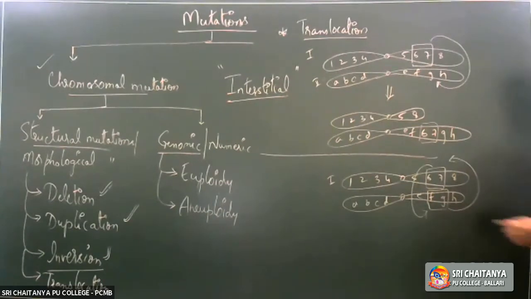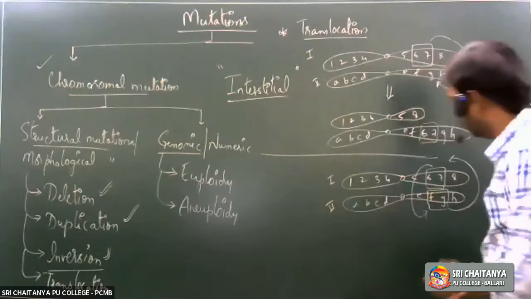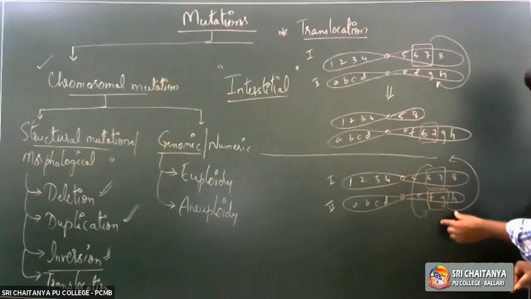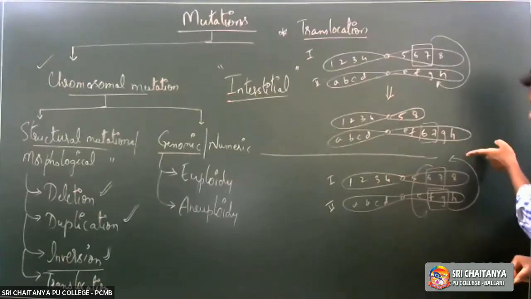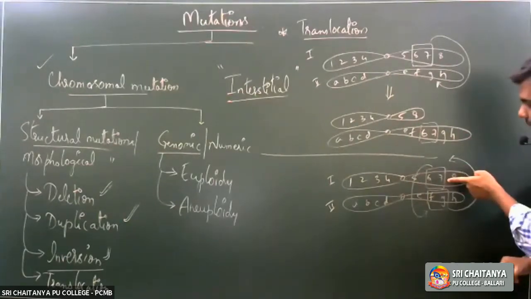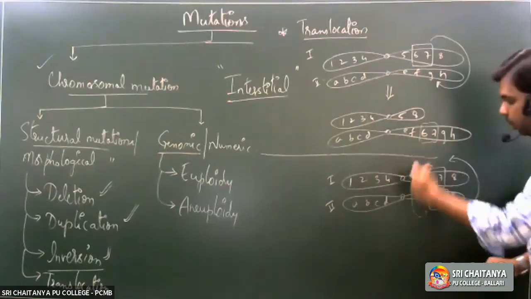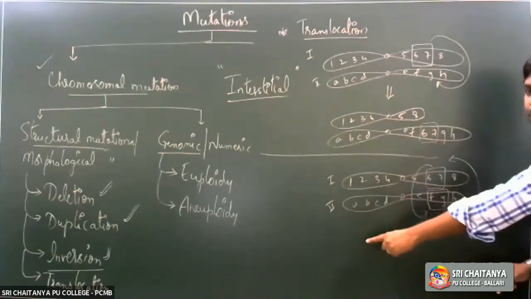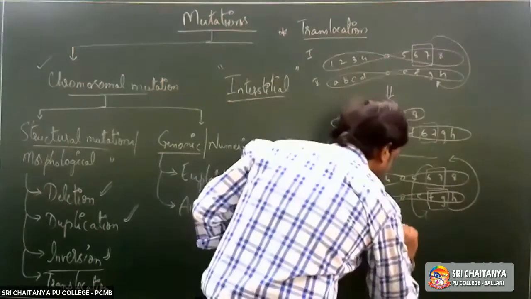So what exactly is happening now? F and G of chromosome number 2 will be cut and join with chromosome number 1. Similarly, genes 6 and 7 of chromosome number 1 will join chromosome number 2.